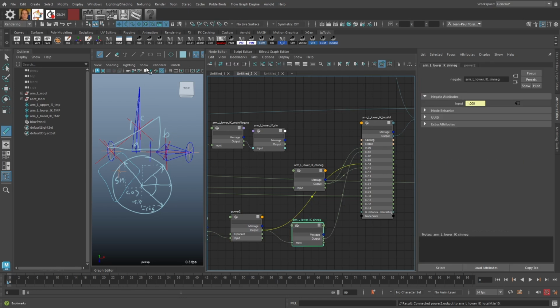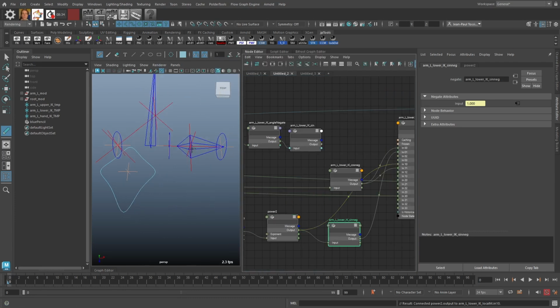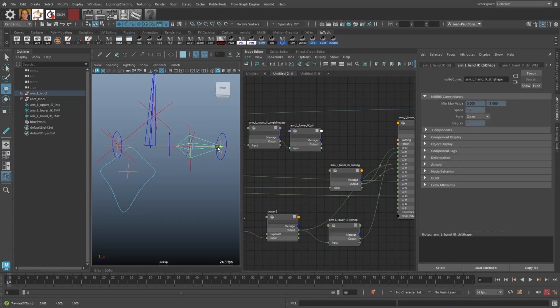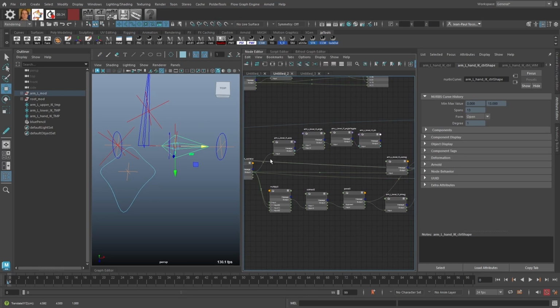And now you can see, if we clear our view and we take our IK handle, that the IK is working again, and we saved ourselves some nodes.